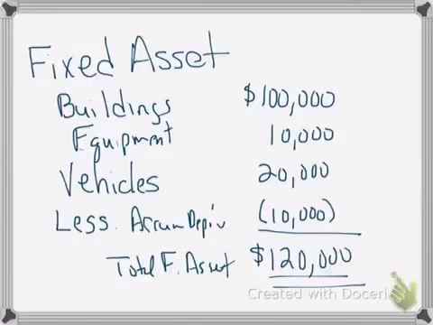So if we purchase a building for $100,000, it will be on our books at $100,000 forever until we get rid of it. Okay? But there has to be a way that we allocate the expense over its life. And the way that we allocate its expense over its life is through depreciation expense and the accumulated depreciation. So we just back that out through accumulated depreciation, and we never touch the actual fixed asset account.